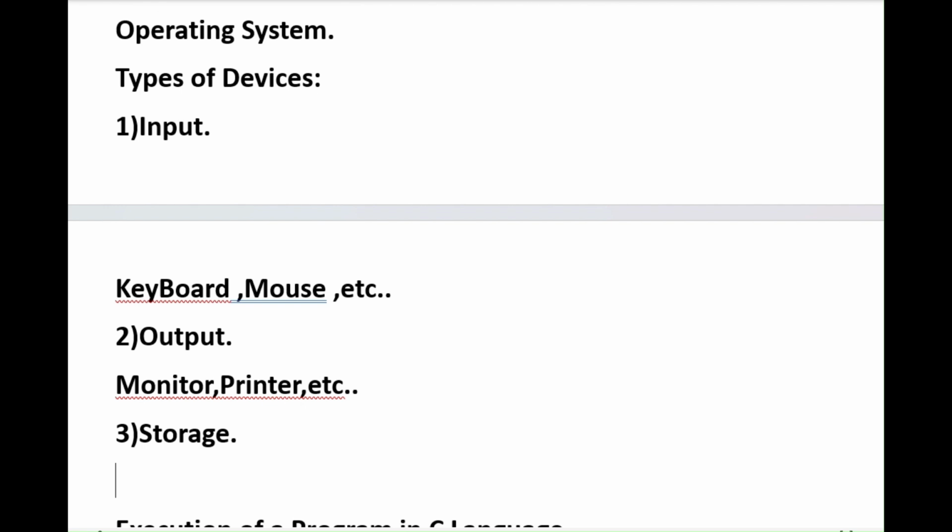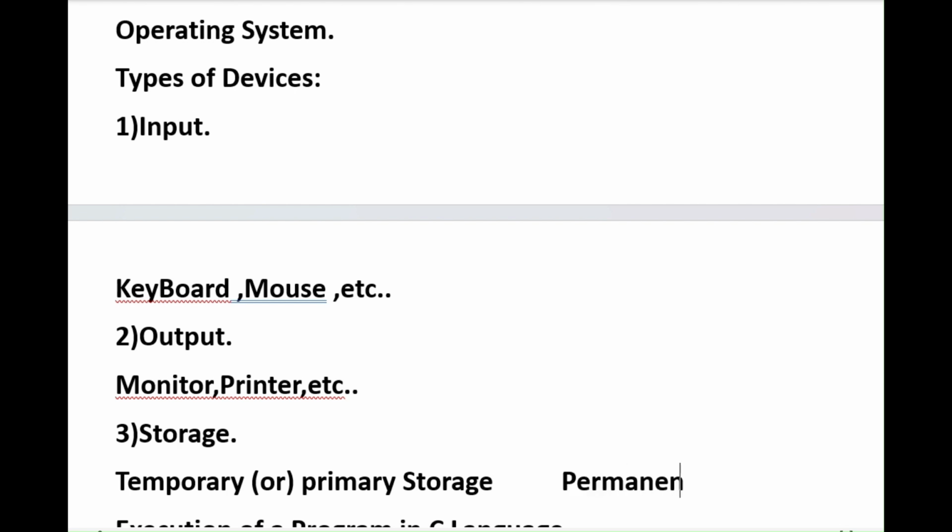What are storage devices? The devices which store our data are known as storage devices. For example, hard disk, CD, etc. There are two types of storage device: temporary or primary storage, and another one is permanent or secondary storage.